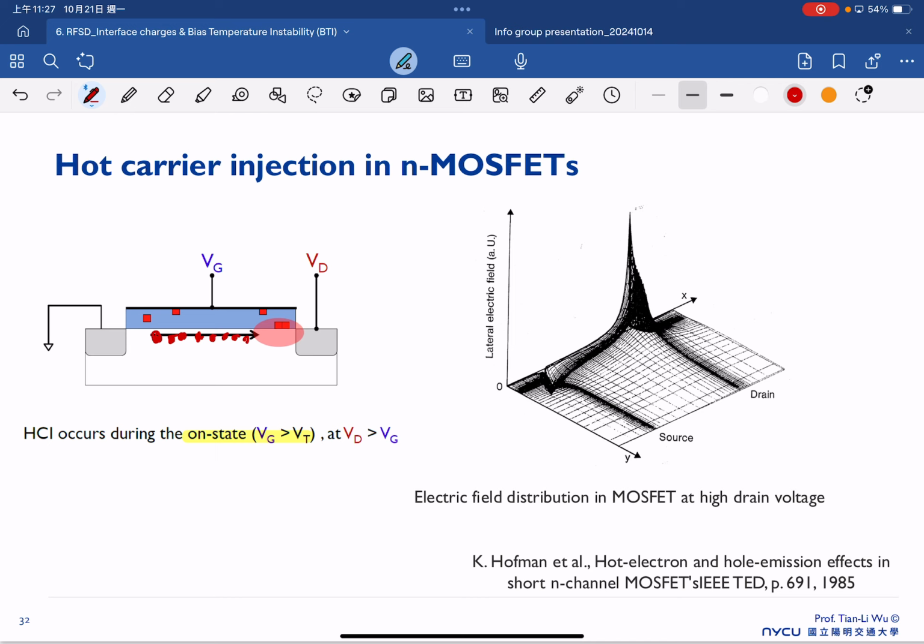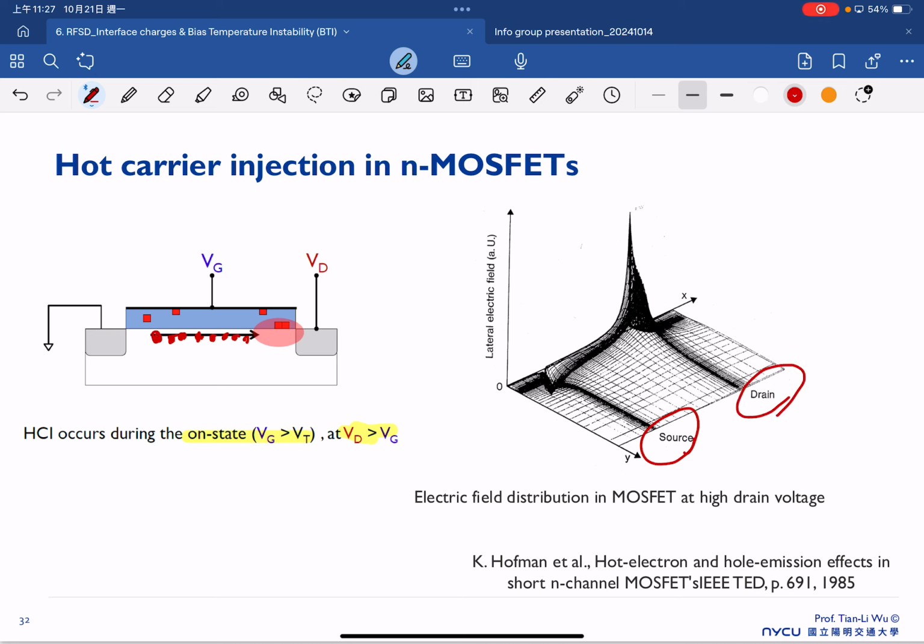But on the other hand, we apply the drain bias, which is larger than the gate bias here. So because of this large drain bias, if you look at this, this is the electrical simulation curve from TCAD. So this is the source side, this is the drain side.